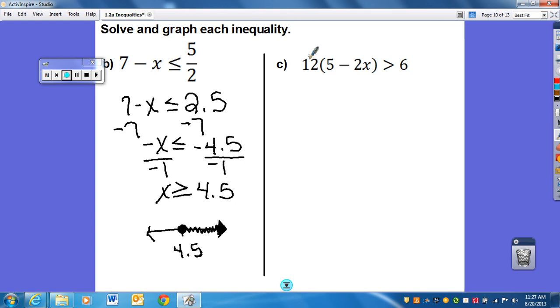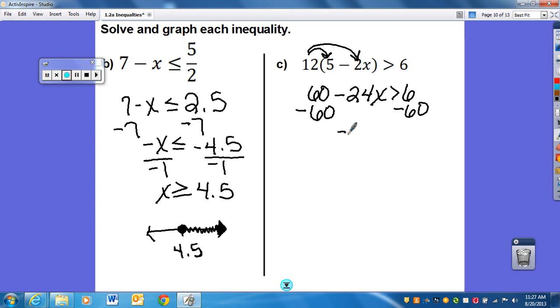On the next example, I need to make sure I do the distributive property as my first step in my solution. 12 times 5 is 60 minus 24x, which is greater than 6. Opposite operation, I'm going to subtract 60 from both sides.